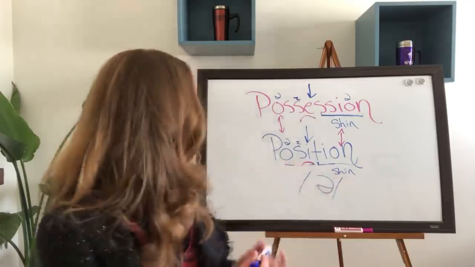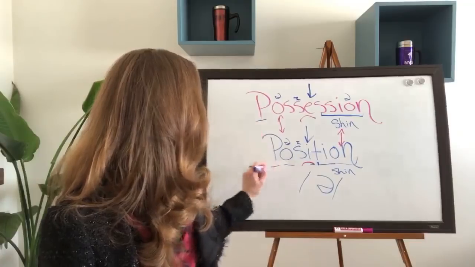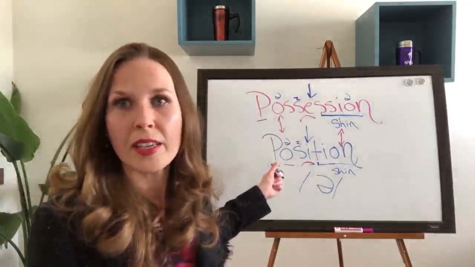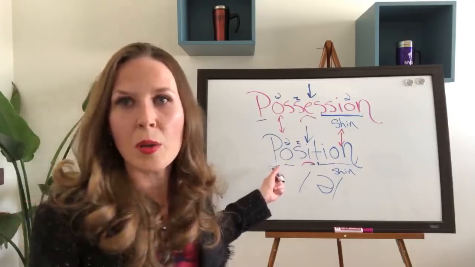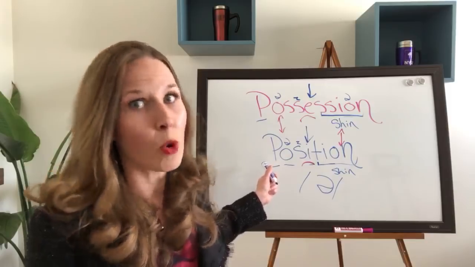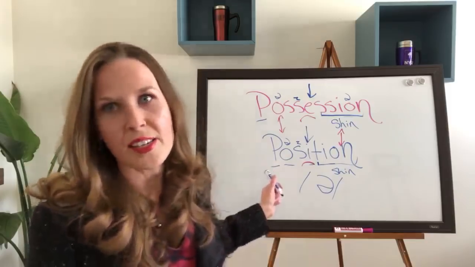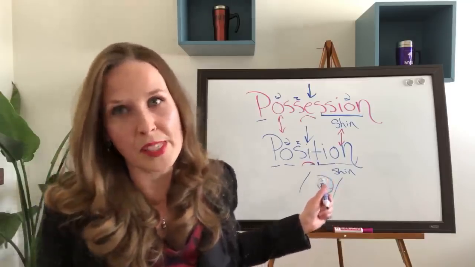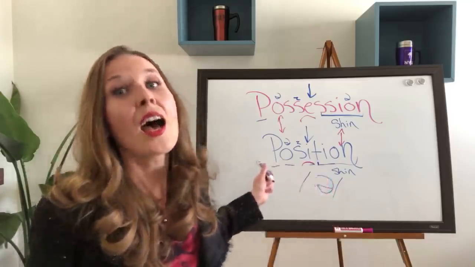So for example, let me say P, P, okay? Try that. P, P. Now, is P voiced or unvoiced? Are you using your vocal cords or is the sound coming from your lips? So it's unvoiced.